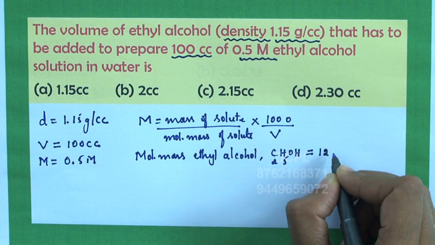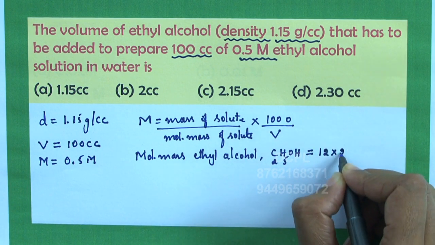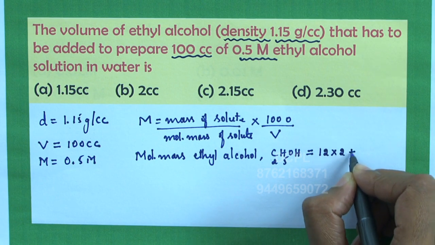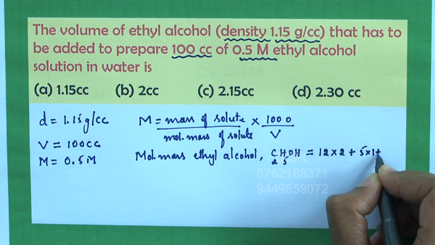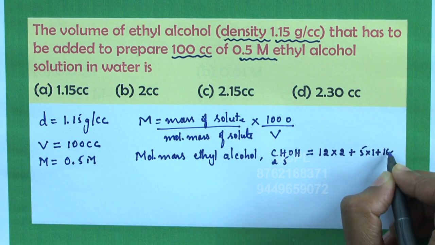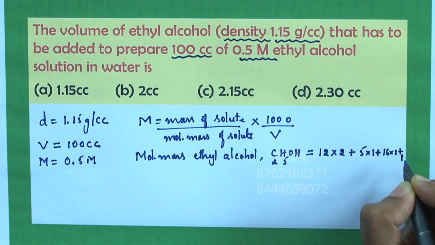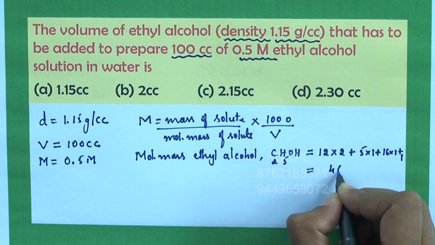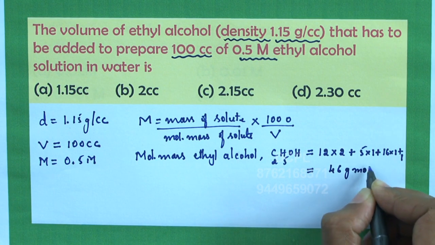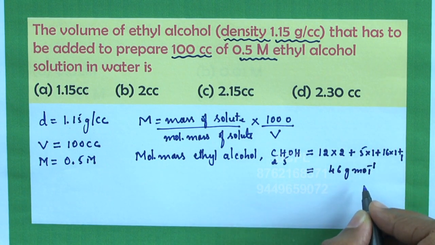The atomic weight of carbon is 12 and it is multiplied by 2 because there are 2 carbon atoms. Similarly, 5 into 1 plus 16 into 1 plus 1. When we total this, we get 46 gram per mole as the value.